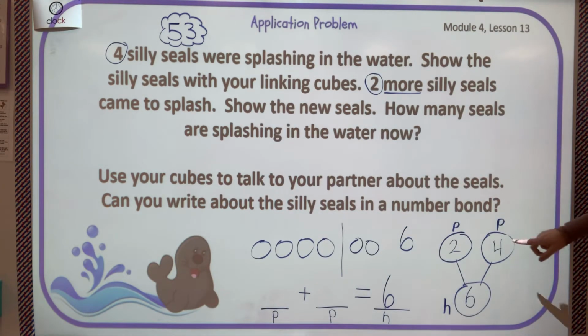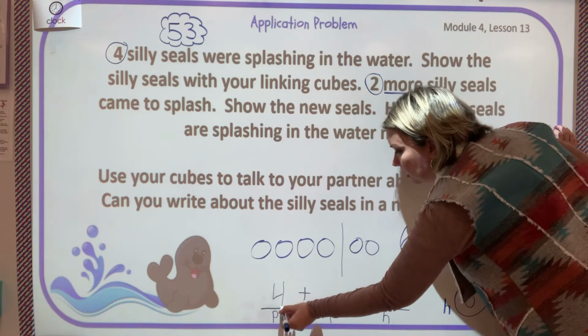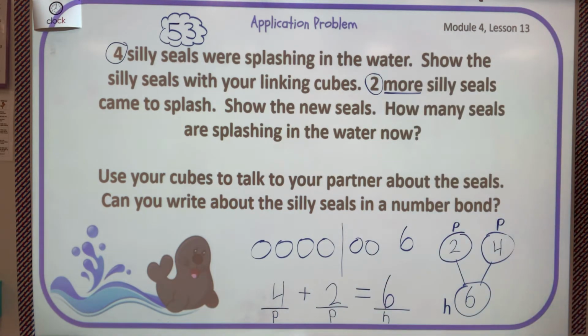So my 2 parts are going to be 4 and 2, or 2 and 4. The parts can change, the whole cannot. We're going to practice more with this, so don't worry.